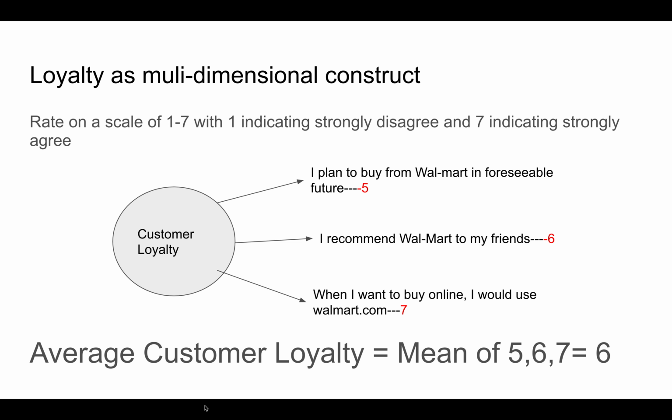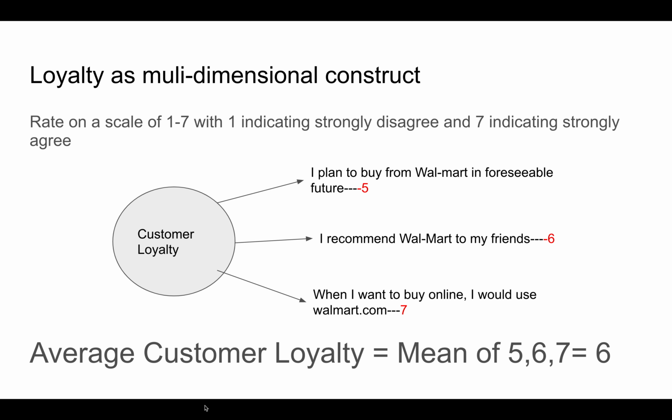So we assume that here loyalty means the customer planning to buy from Walmart in the near future, and the customer recommending Walmart to his or her friends, and the customer also using the walmart.com website when he or she wants to buy online. So these 3 items capture customer loyalty in a much better way than unidimensional constructs.